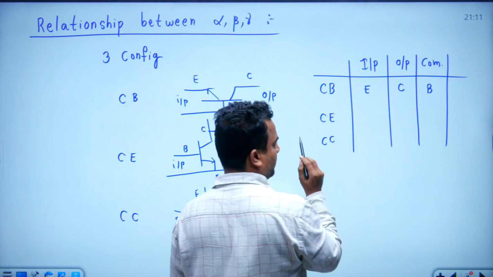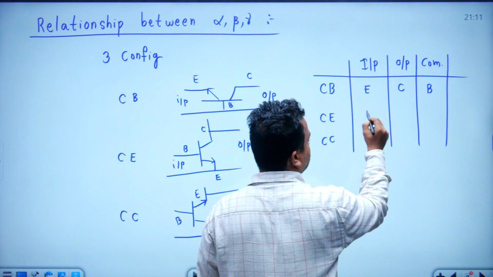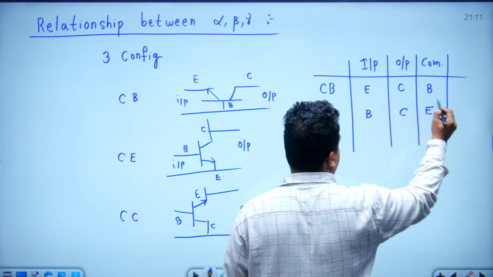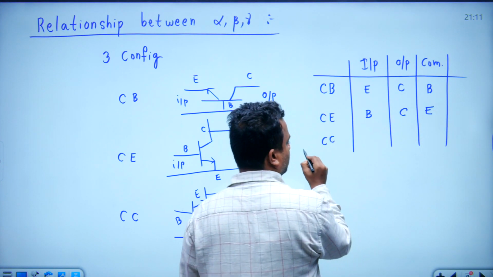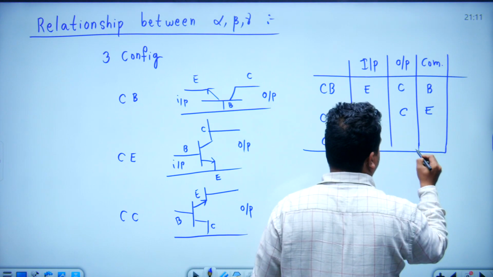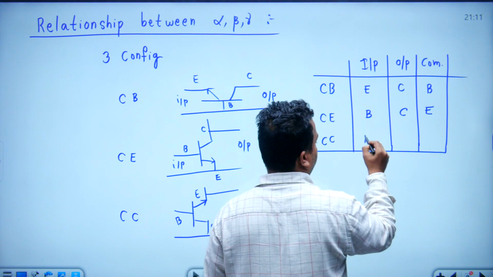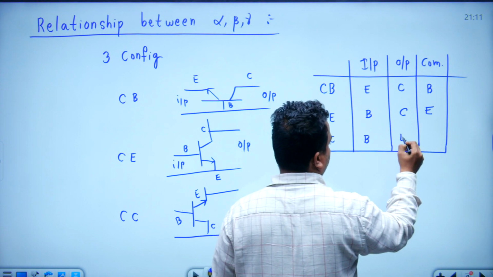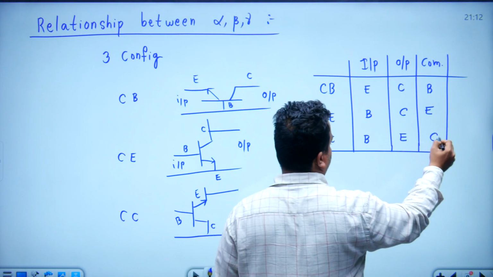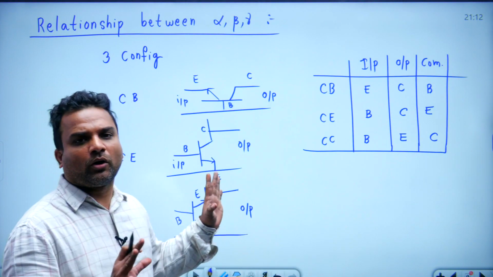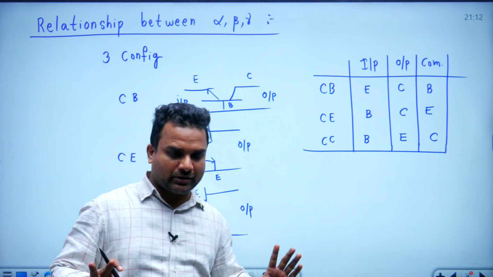Similarly guys, in common emitter configuration, base is input terminal, collector is output terminal, emitter is common terminal. And coming to the common collector configuration, the input terminal is base, emitter is output terminal, collector is common terminal. This, guys, is a simple overview regarding the configuration.